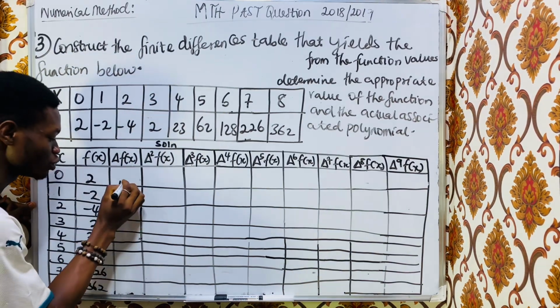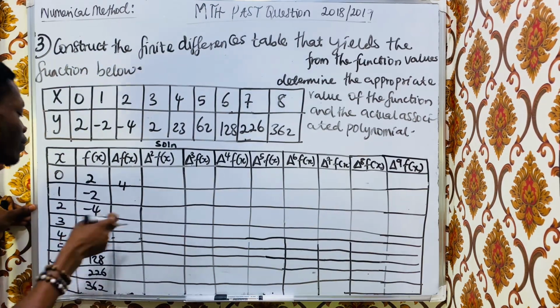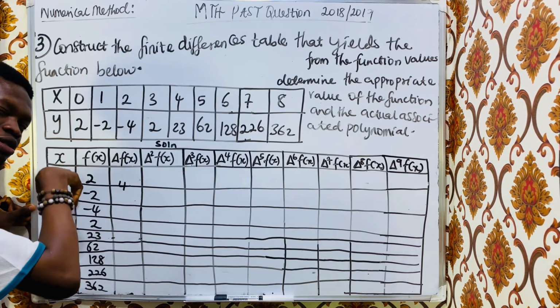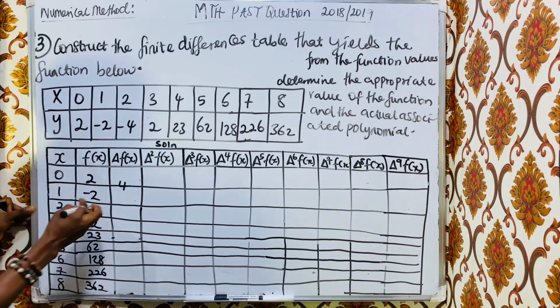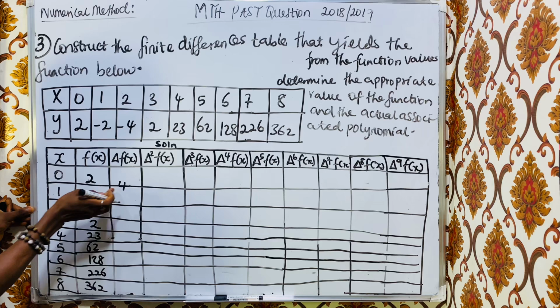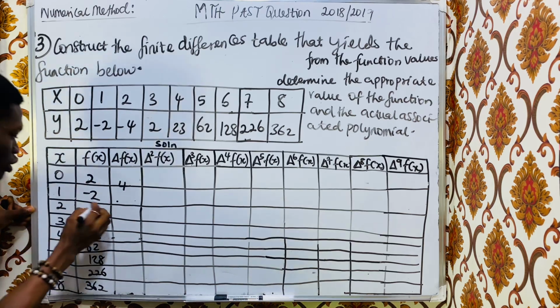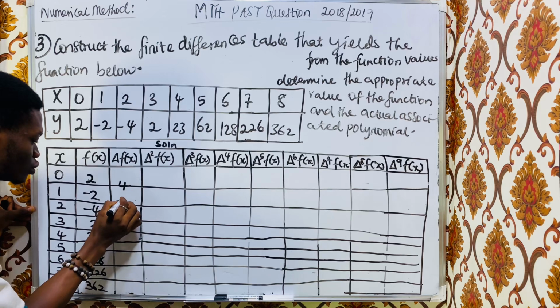This will give us 4, because negative will give us positive. Now negative 4 minus negative 2 will be negative 2. So put it in the middle, in between 2 and 2. So this one will give us negative 2.